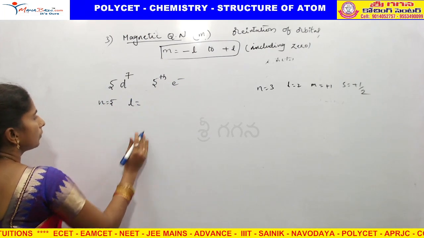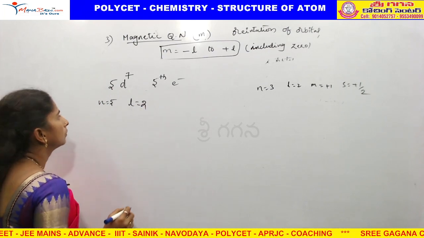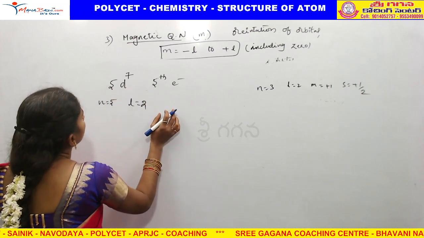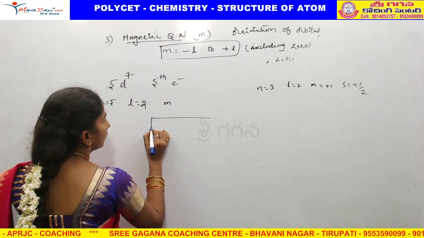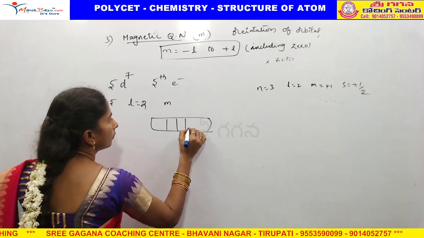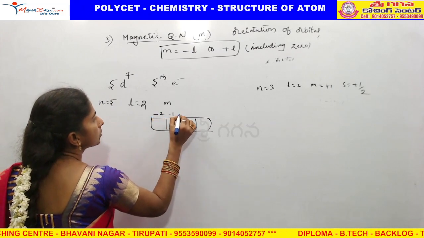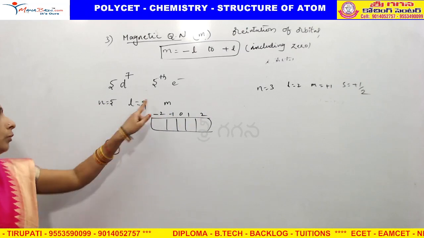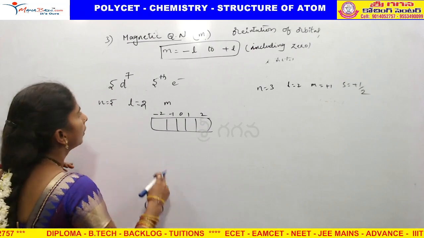L equals, for d orbital, 0, 1, 2, so 2. For m, d orbital has 5 suborbitals, so -2, -1, 0, 1, 2. Why -2 to +2? Because m value is -L to +L. We want this for the fifth electron.